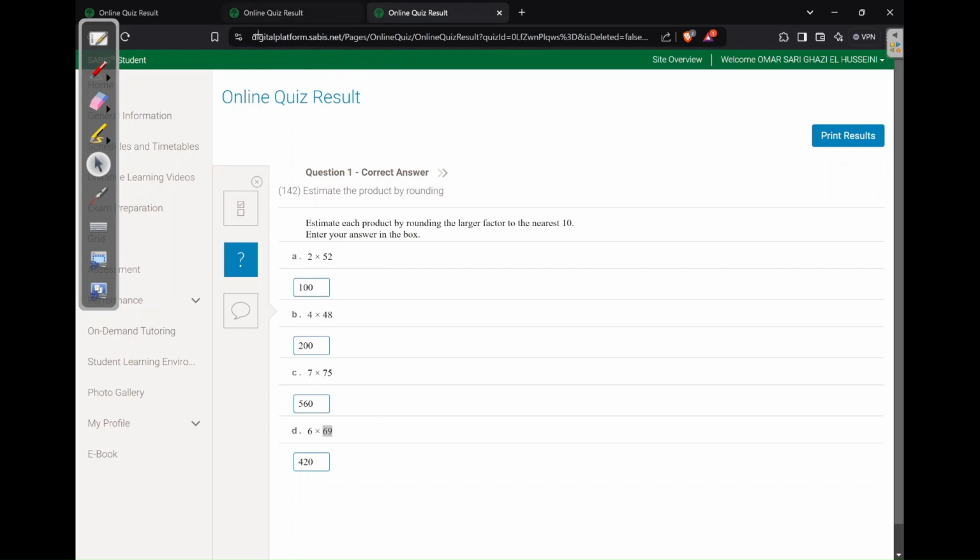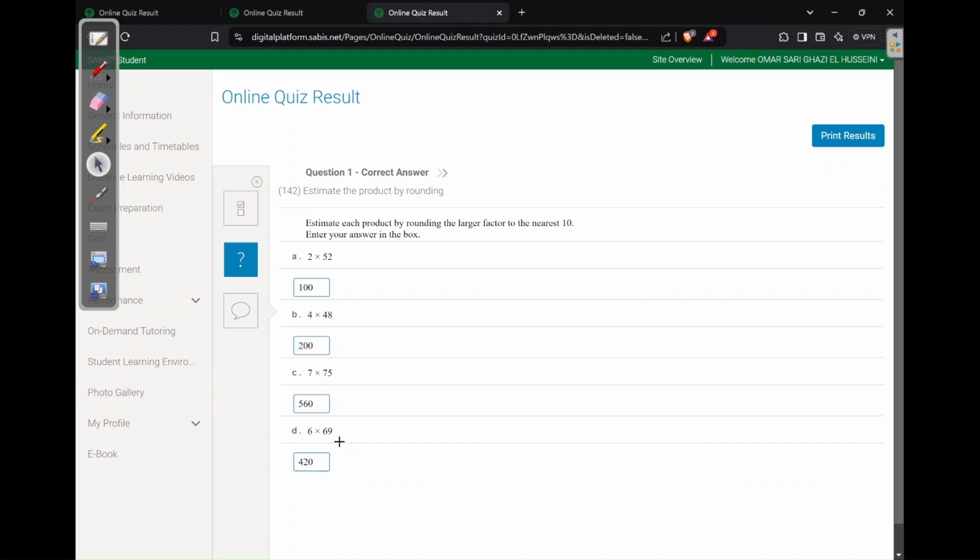Chapter 5, Section 3. Here they didn't mean that we round the product. They meant that we round the factors. So 2 times 50 equals 100, of course. And 4 times 50, or 4 times 5 equals 20, and then we add that 0 to make it 200.